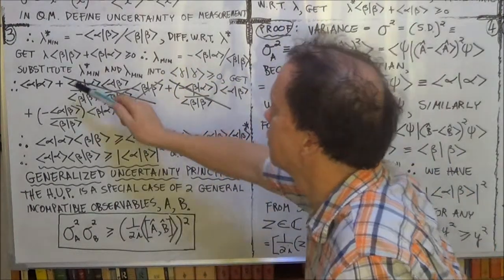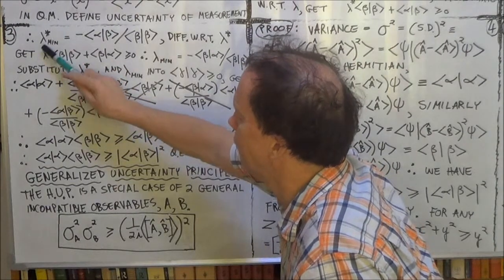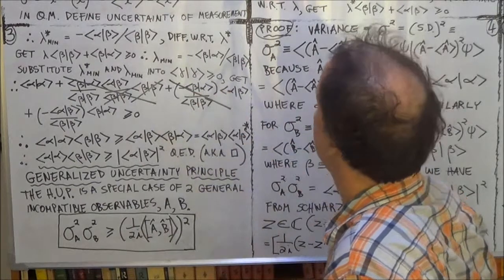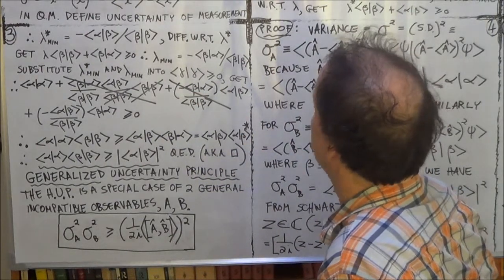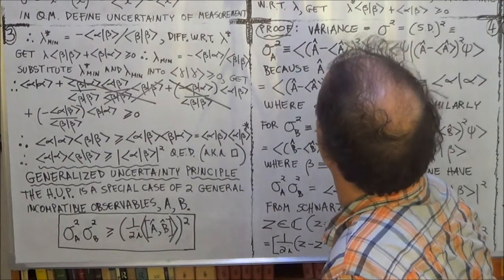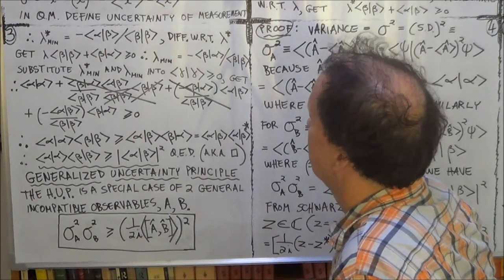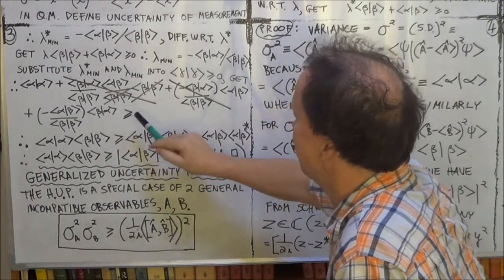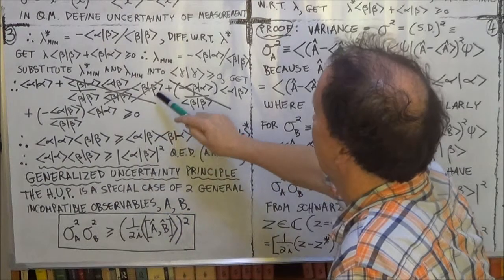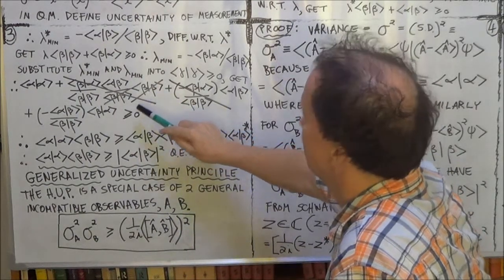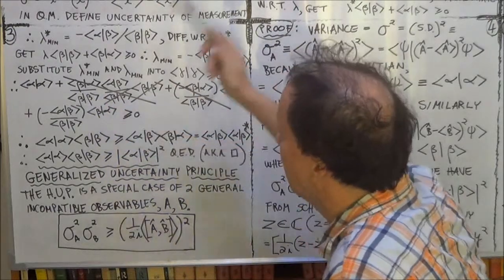Now take these two, the lambda min star and the lambda min, and pop them into your expression for bracket gamma gamma, which was, well, let's see. I don't think you can see it. Go back to the previous session.